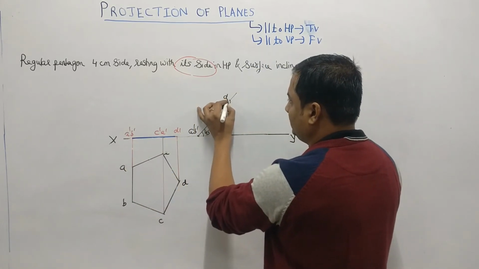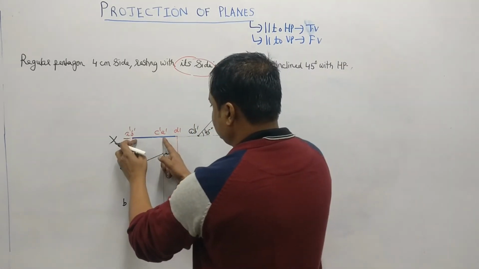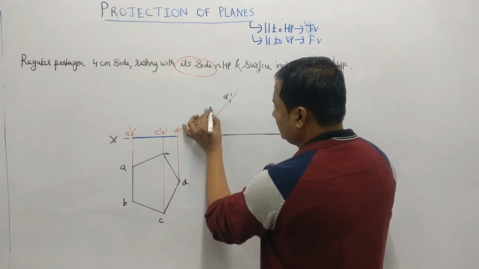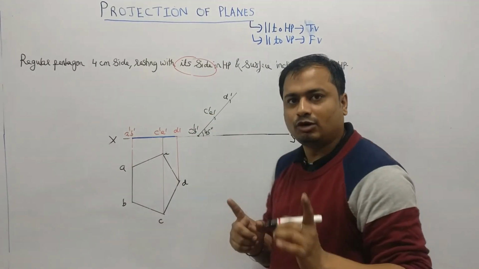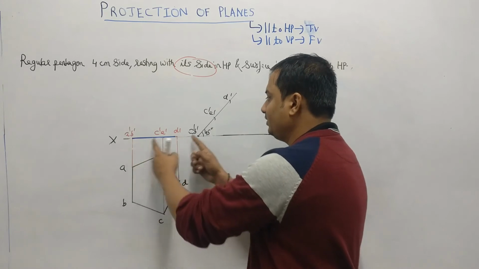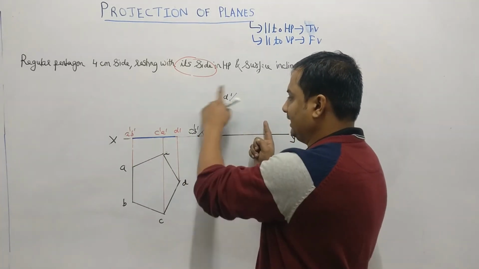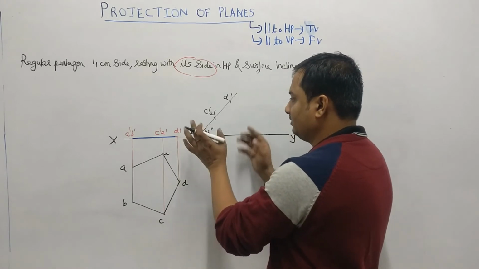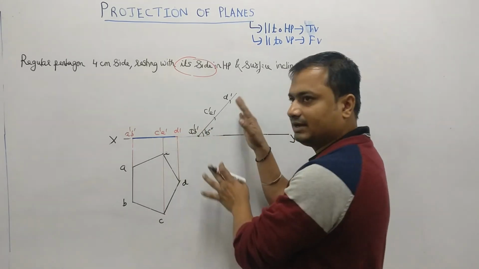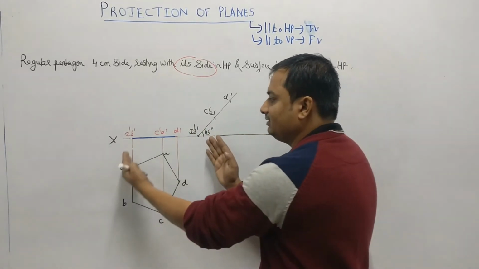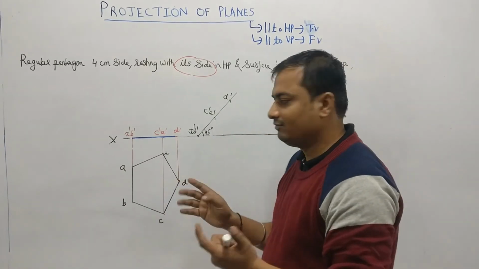So this point will be D dash, measure this, cut it, you will be getting C dash, E dash. You have to obtain all the points from here and plot them here. So this is my surface now inclined with the 45 degree. We had to make exactly this, so the surface got inclined with the 45 degree, but we have taken this reference. So this is the requirement for the first stage.